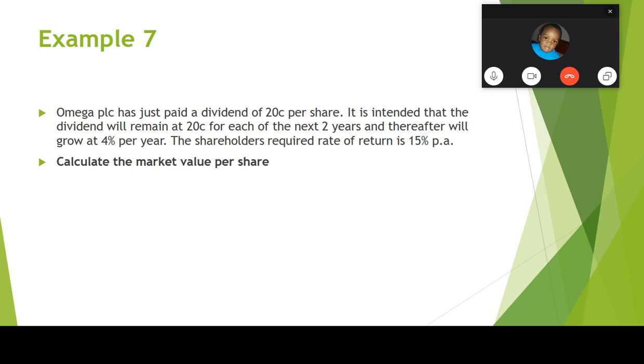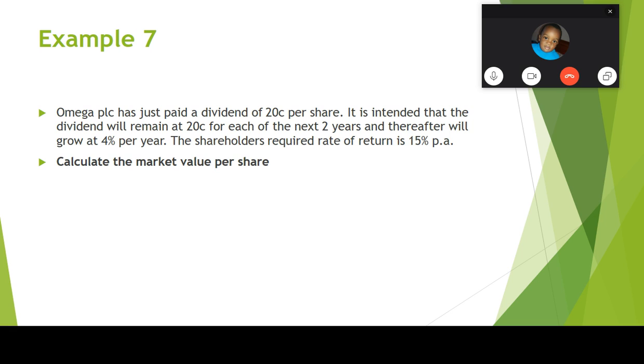Now guys, we have another special example here. Omega PLC has just paid a dividend of 20 cents per share. It is intended that the dividend will remain at 20 cents for each of the next 2 years, and thereafter will grow at 4% per year.